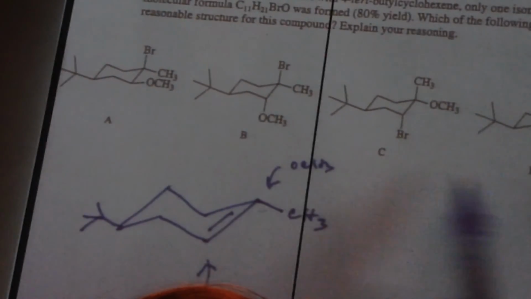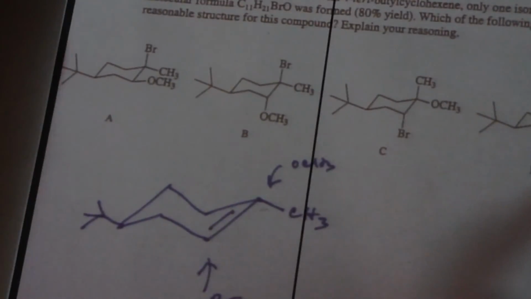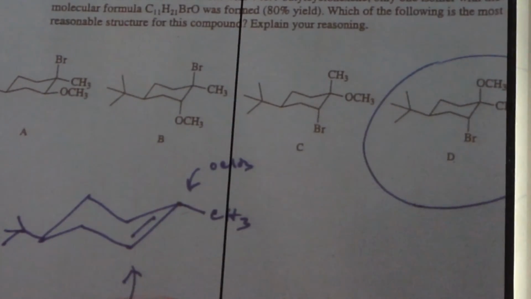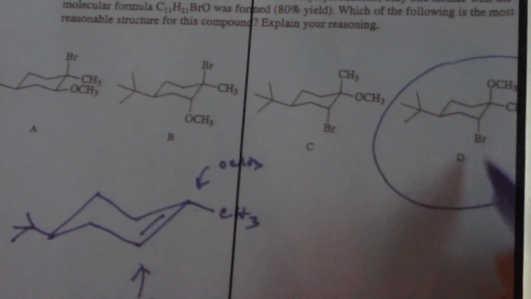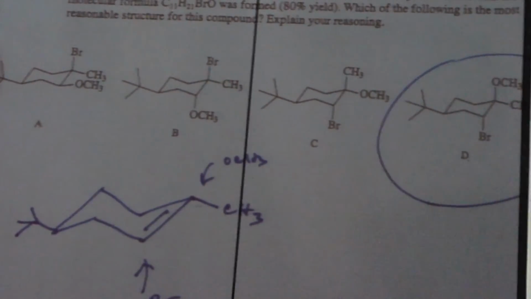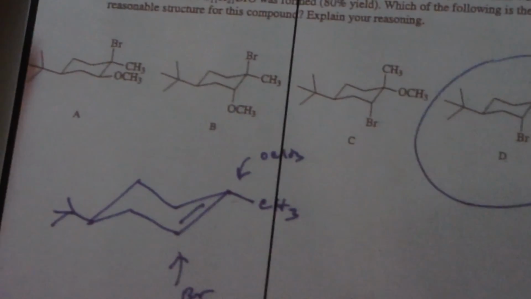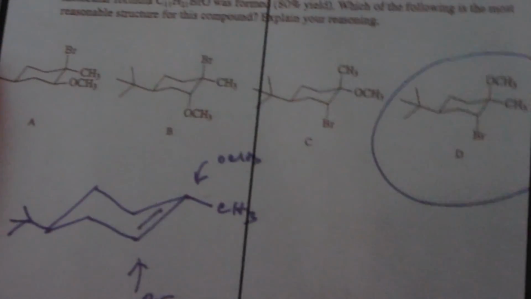And if we examine this, the only one that corresponds to that is this one. Because this is where the bromine and the methoxy are both axial, which is a trans relationship, and then the methyl and the butyl group are equatorial. Any question?